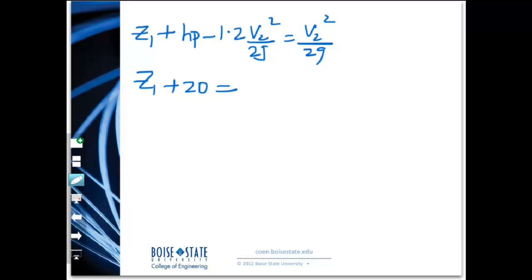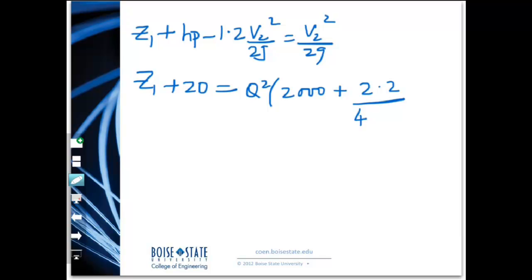So Z1 plus 20, and then if I simplify this, Q square times 2000 plus 2.2. I'm going to add these terms and then represent V2 square. I took out Q square here.